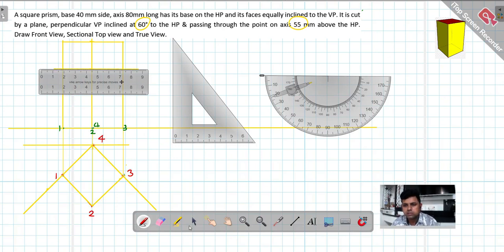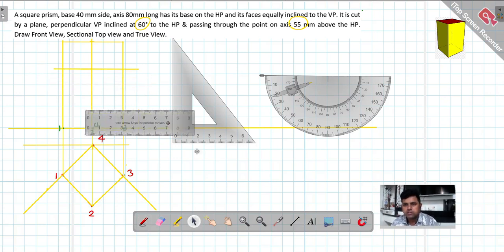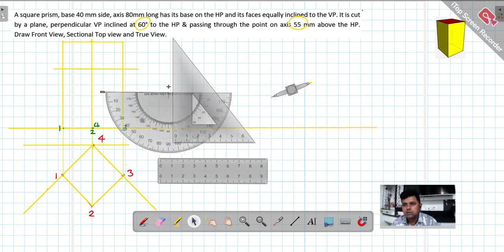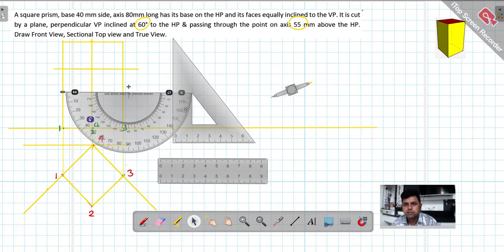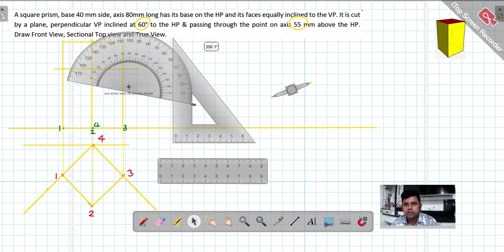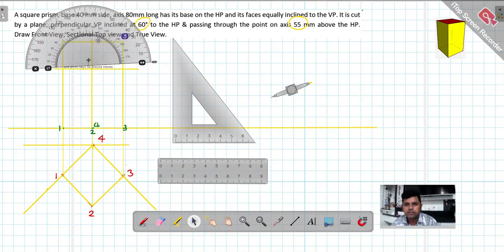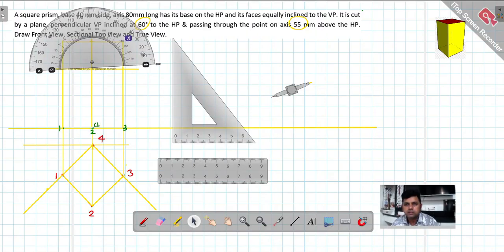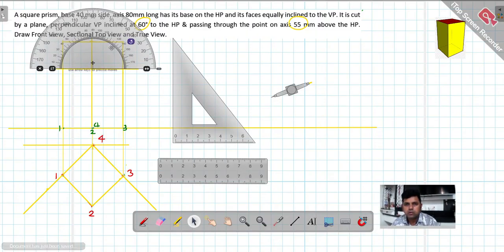Constructional it is, and we are supposed to mark 60. Take a little below.